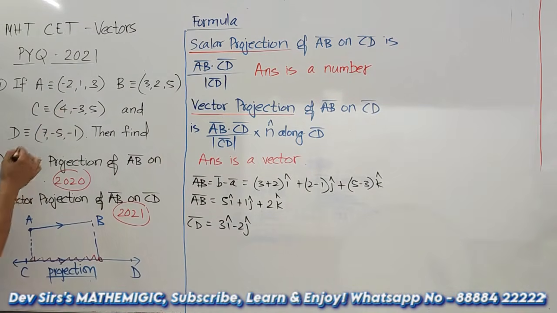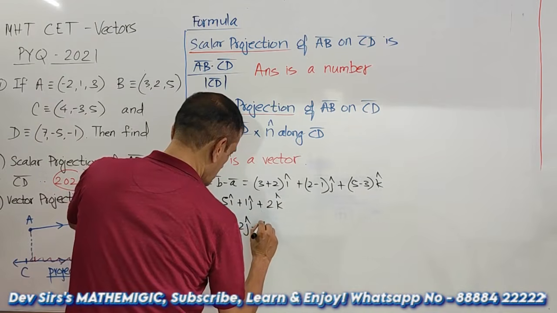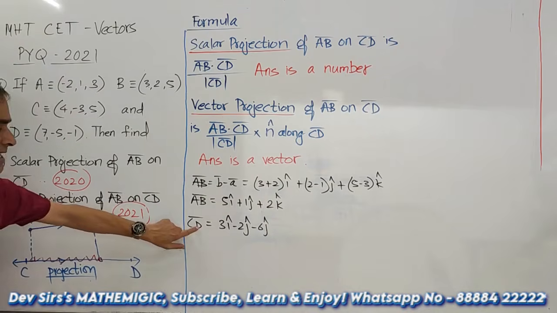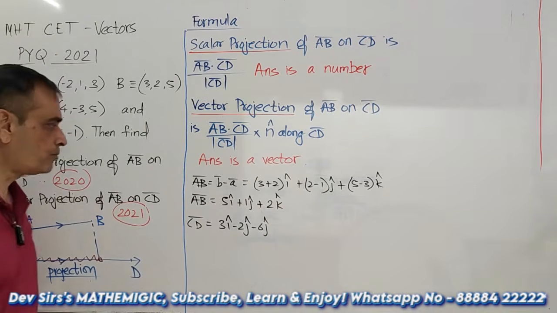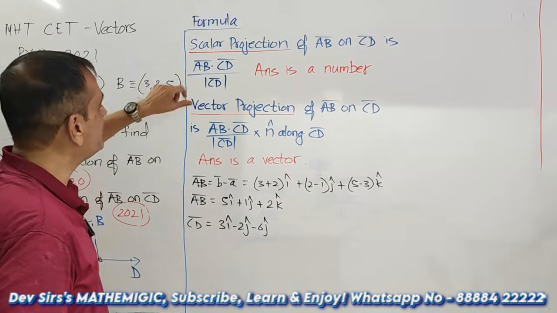Minus of minus किया इसको, minus 1 minus 5, that is vector CD. Check करो. D minus C, 7 minus 4 is 3, minus 5 plus 3 is minus 2, minus 1 minus 5 is minus 6. So we got vectors AB and CD which are required over here.